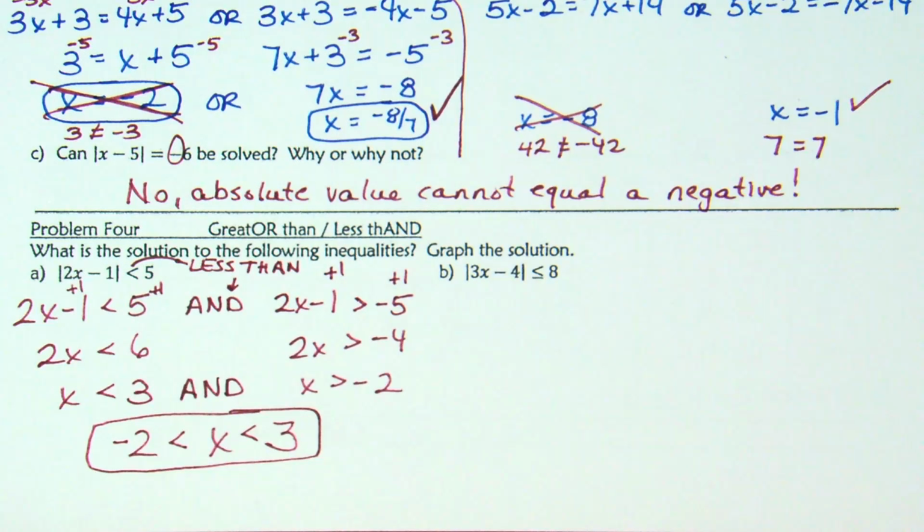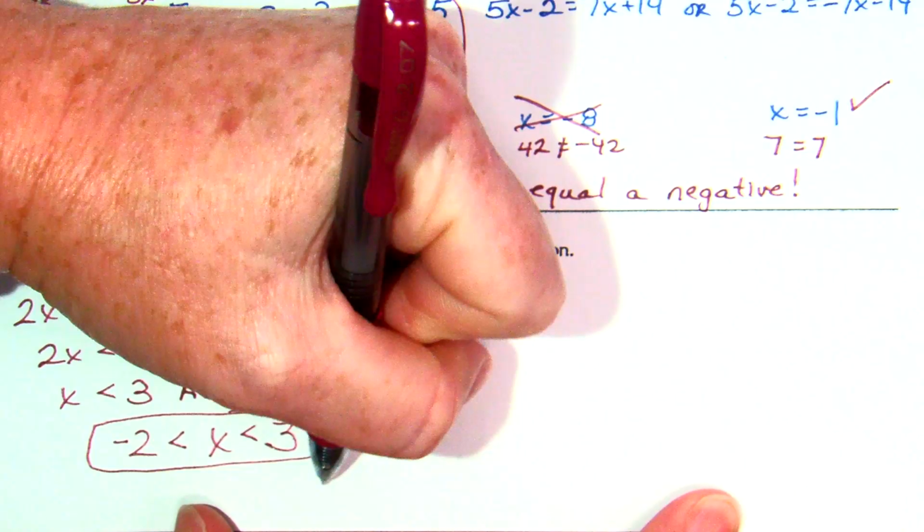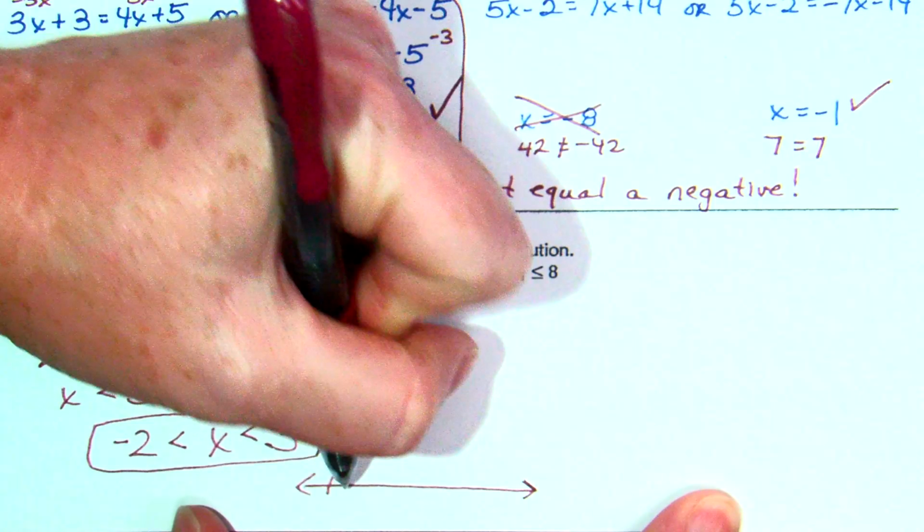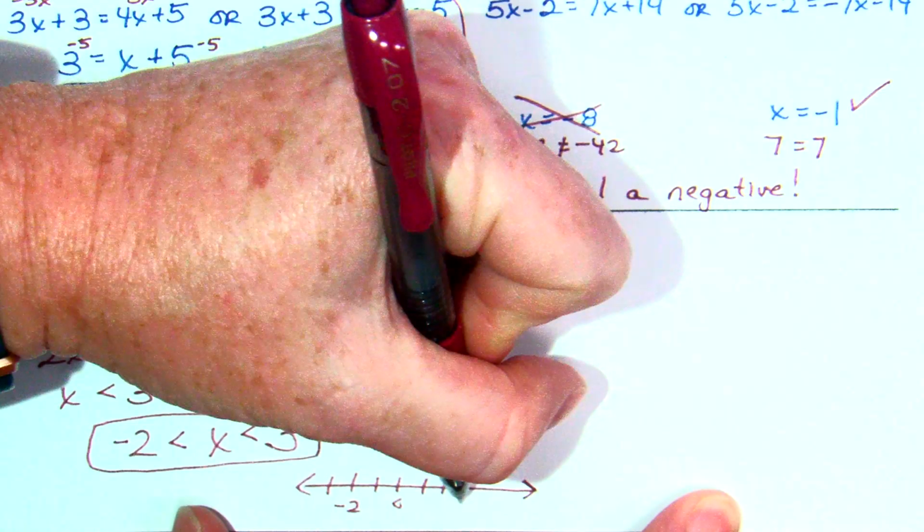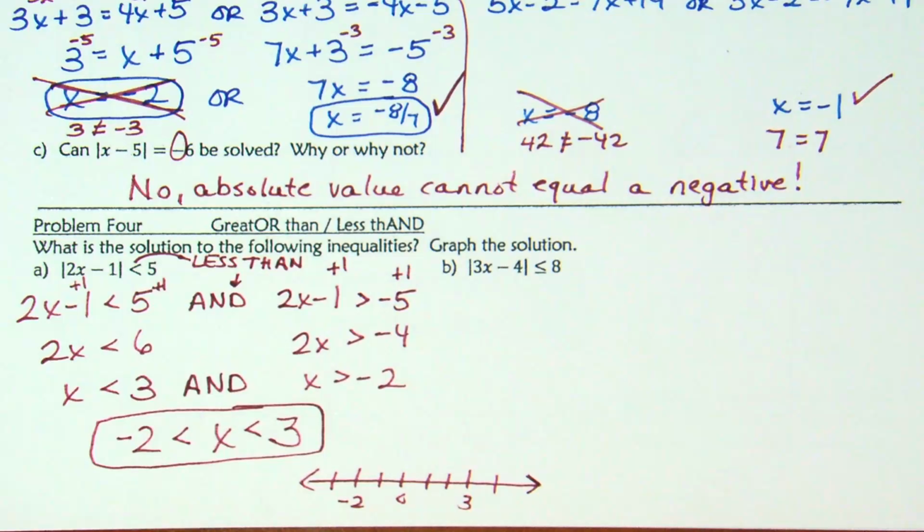What's the graph of this look like? What kind of dots do we have? They're not equal to, so I'm going to use open dots. They're not filled in.